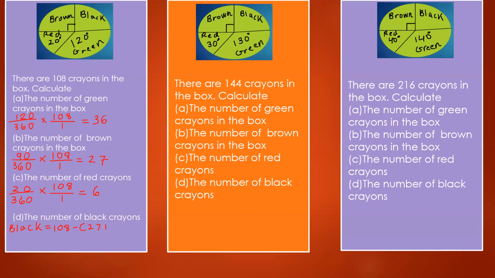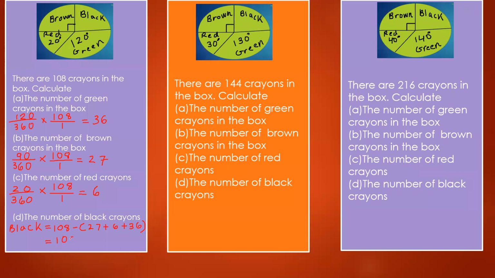Where did you get 39? I mean 36, sorry. So 27 plus 6 plus 36. What's that going to give you? 69. Is that true? I get 39.